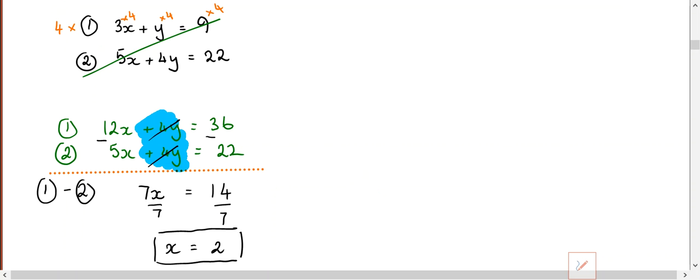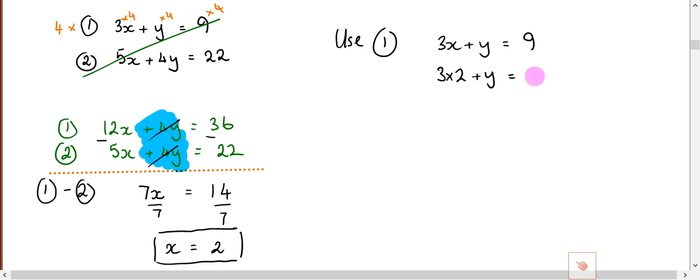So which one would you like to use? The old number 1. So 3x plus y equals 9. I'm actually writing it out this time. Sometimes I renumber it 3, but I'm not going to bother this time. x is 2, so 3 times 2 plus y is 9. So that's 6 plus y equals 9, which means y equals 3. All happy days.